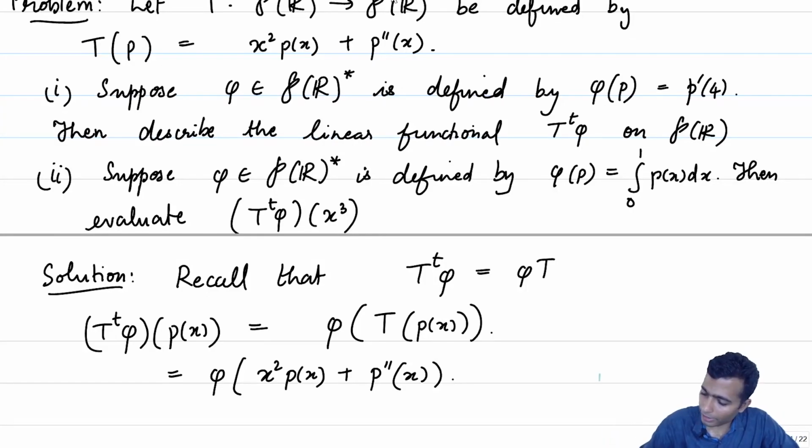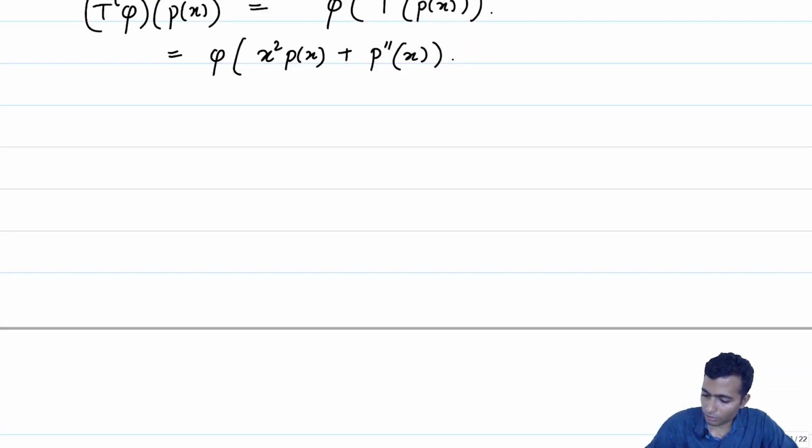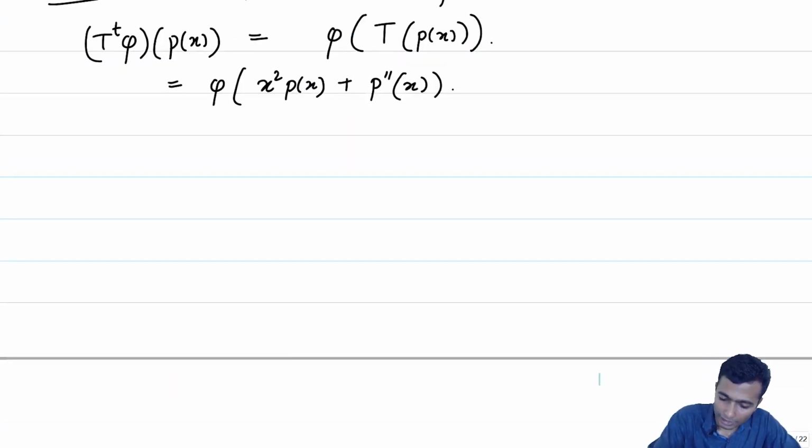Then what is our phi? Let me again underline it in green to show you what that is. That is just the evaluation at 4 of the derivative of the polynomial. So this polynomial in the brackets, which I am underlining in green, its derivative is to be evaluated at 4.